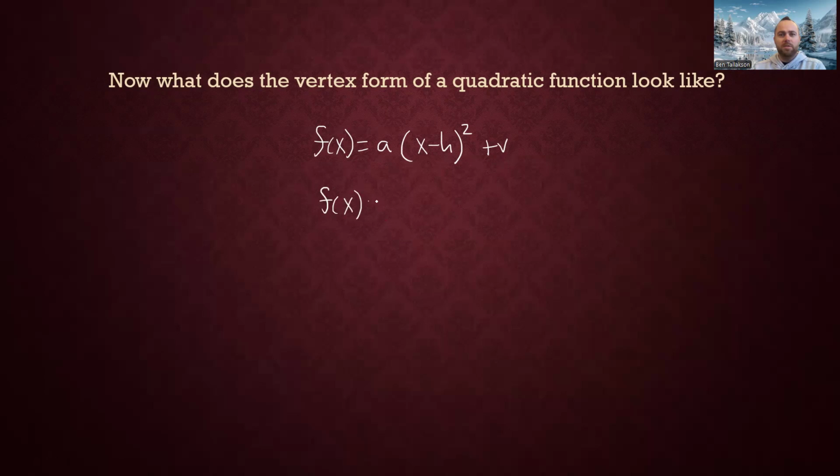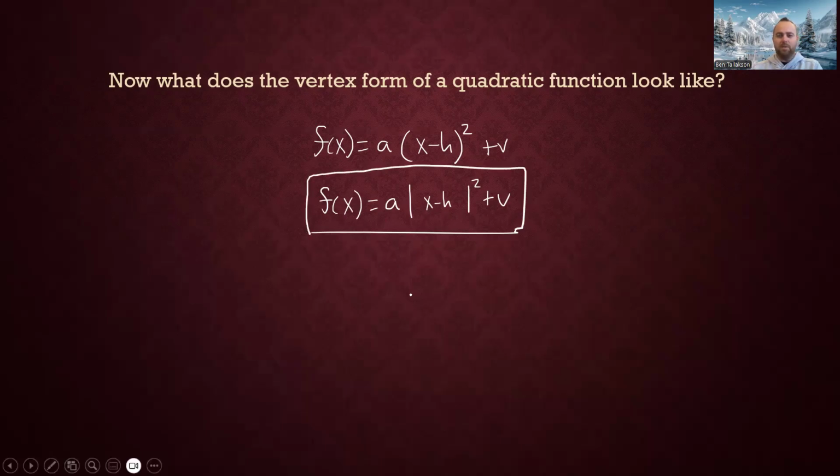So the only difference is we are replacing the parentheses with absolute value signs. That is the parent function of an absolute value function with all possible transformations.